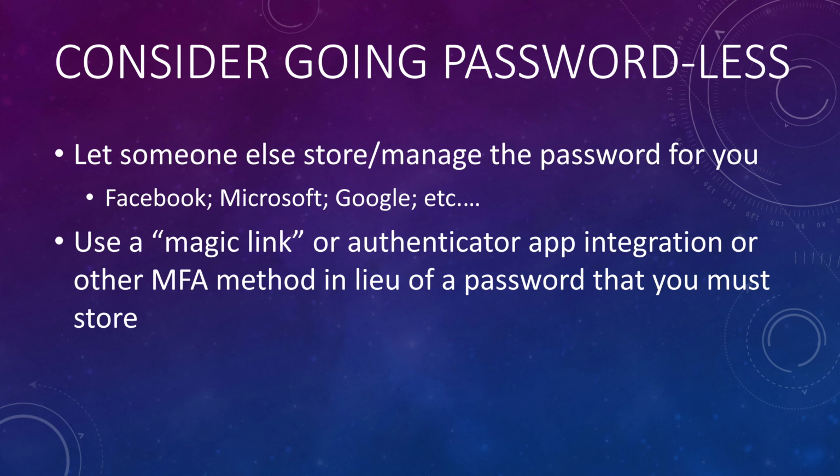The other way is using an authenticator app. Microsoft has one, Facebook has one, Google has one, LastPass has one. There are plenty of different authenticator apps out there that you can use.